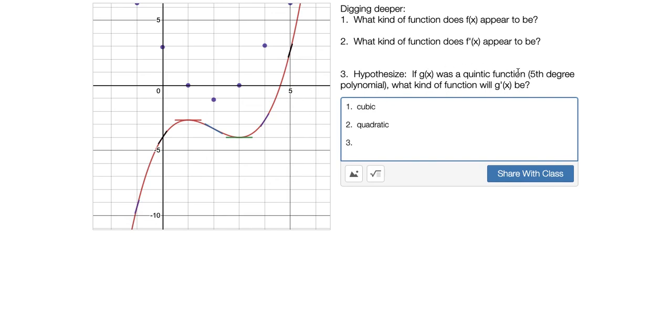G of x is a quintic function, 5th degree. G prime of x would be 1 degree less than that. We call that a quartic function. This is a pattern we'll talk more about in the coming weeks, but it is worth pointing out right now that it's an easy thing to spot.